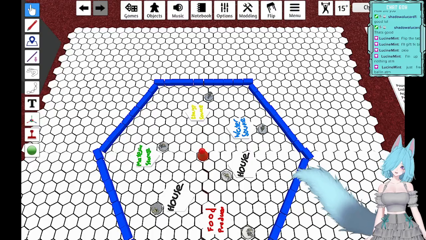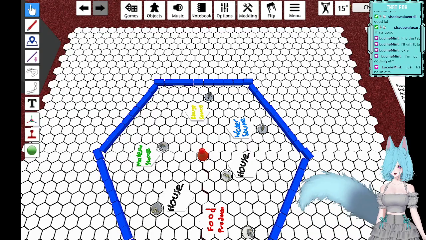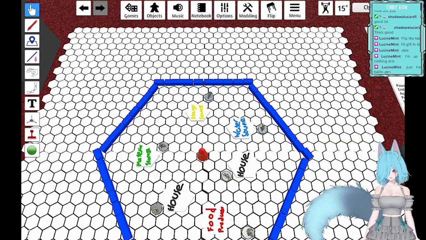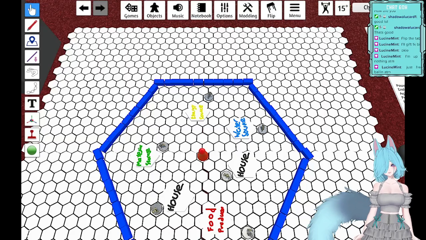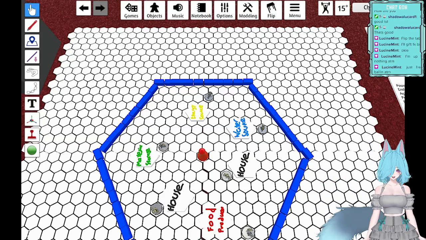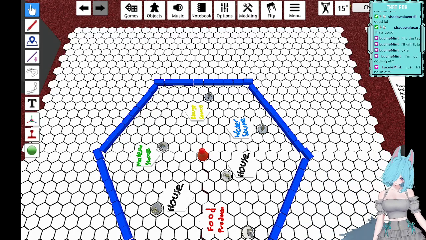As for civilians, the civilians generally don't move, unless they see us, in which case they call the guards. They get into our aura, in which case they also call the guards.